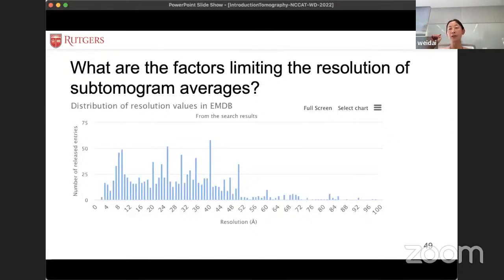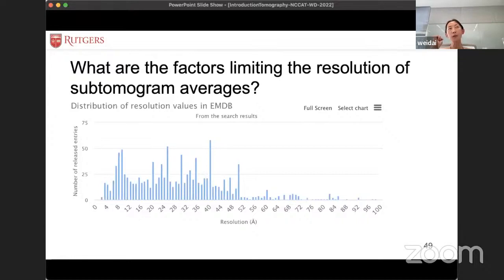And then eventually you cut out individual particles and align them. If your resolution is limited to certain numbers in your subtomogram averages, no matter how many particles you can include, you can't go beyond the resolution limit of your individual subtomograms, right? If you don't have that high resolution information in your map, no matter how many particles you add in, you won't be able to reach better resolution.